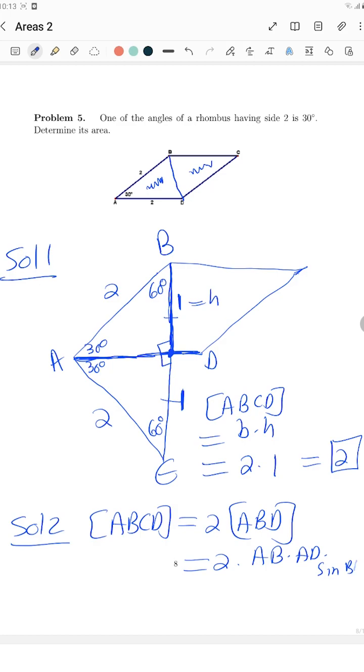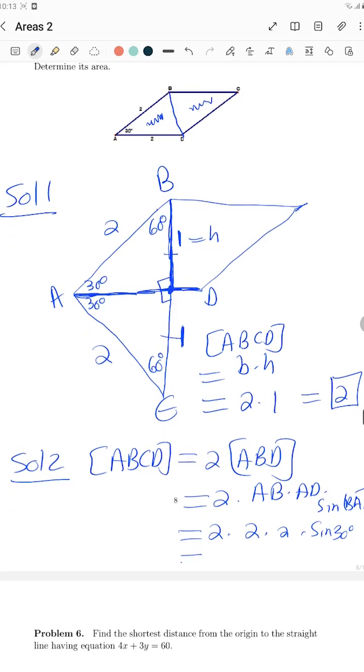So this is sine BAD. Great. So here we have 2 times AB, which is 2 units, AD, which is 2 units, times sine of BAD, which is sine 30 degrees. And if you've done a little bit of trigonometry, you would know that sine 30 degrees is a half.